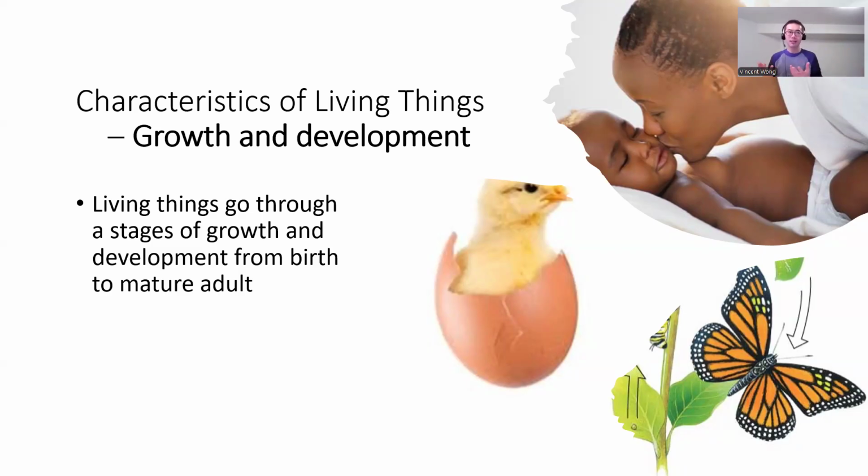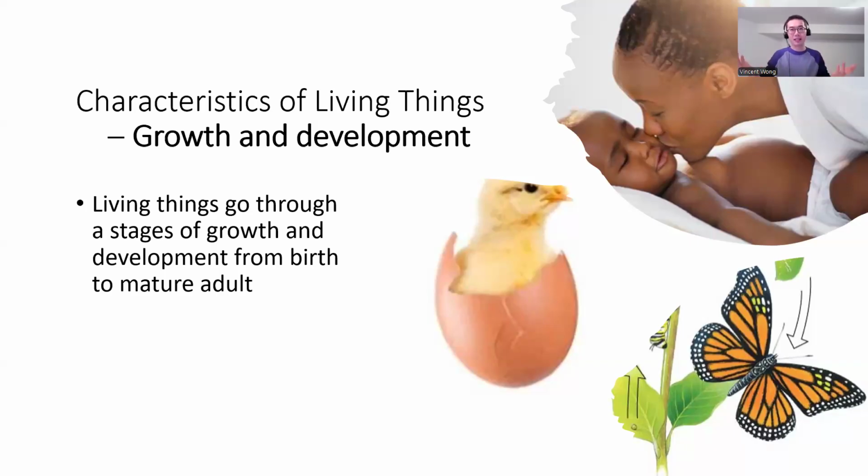For humans, our baby form obviously looks very different from our adult form, but the basic stuff is there. Like the eyes and the nose and mouth are where they're supposed to be when we're young compared to now. For something like a butterfly, the stages are completely unrecognizable, right?